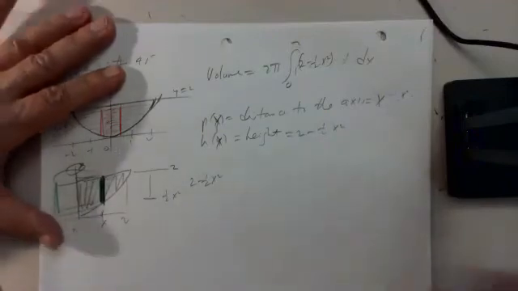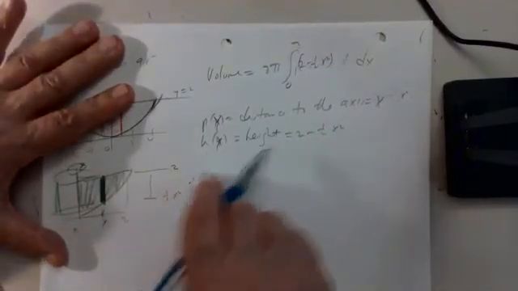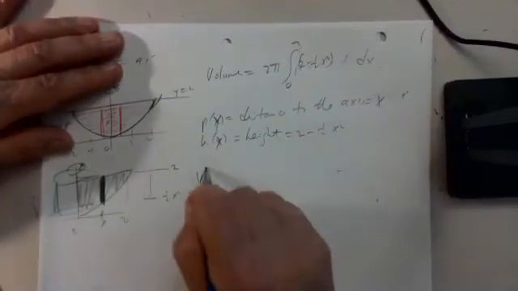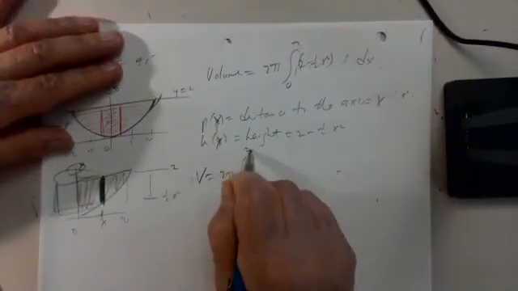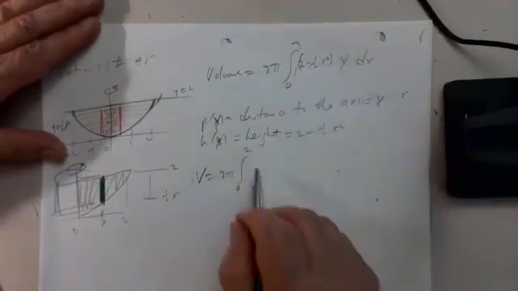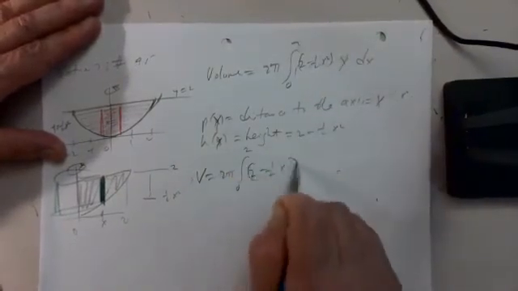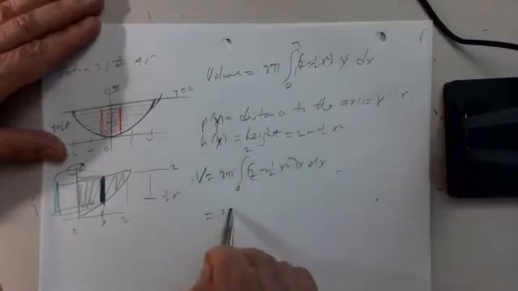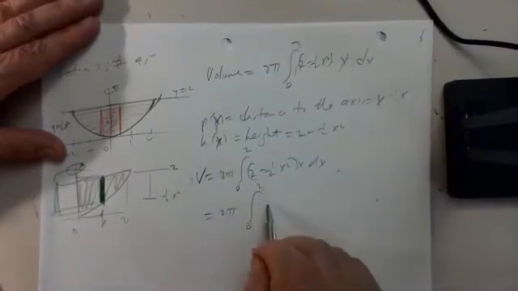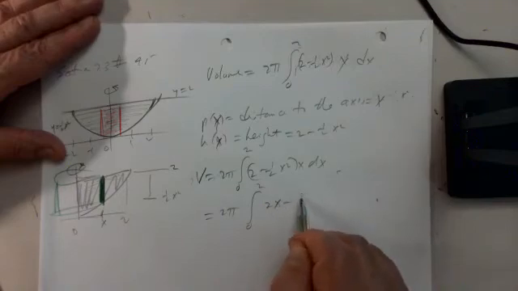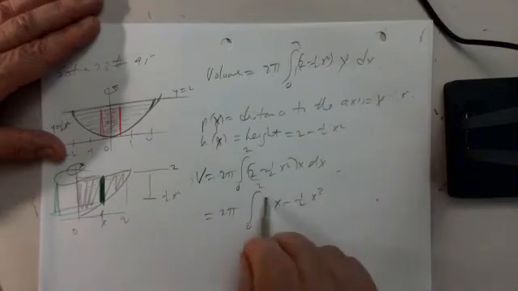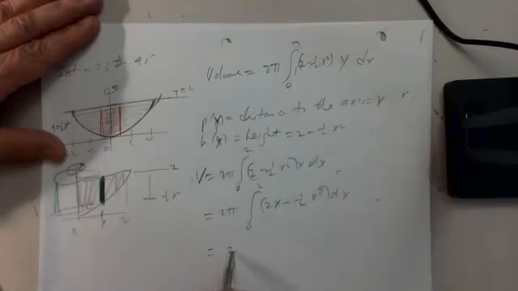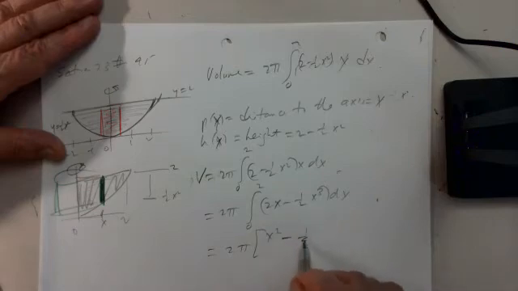So the volume we want is 2 pi integral from 0 to 2, 2 minus 1/2 x squared times x dx. That's 2 pi integral from 0 to 2, 2x minus 1/2 x cubed dx, which is 2 pi times x squared minus 1/4 x to the 4th times a half, from 0 to 2.